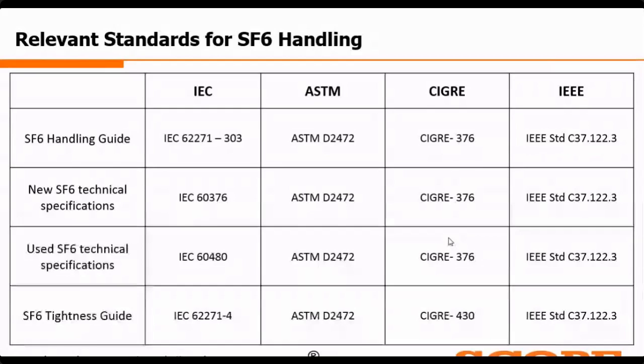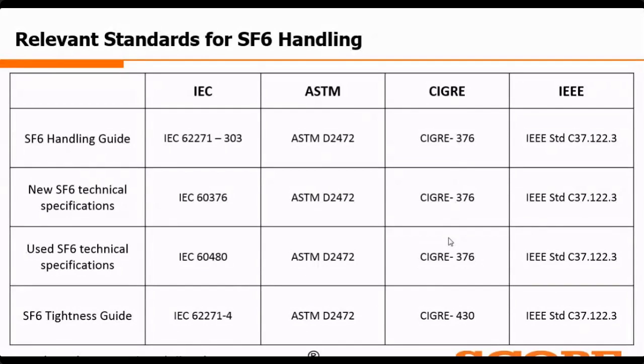Generally, the handling guide means that whenever you are doing the filling operation of a circuit breaker, up to what pressure you need to fill the gas compartment. And additionally, for example, if a new GIS compartment has been transported to your substation, what will be the ultimate vacuum before filling the SF6?